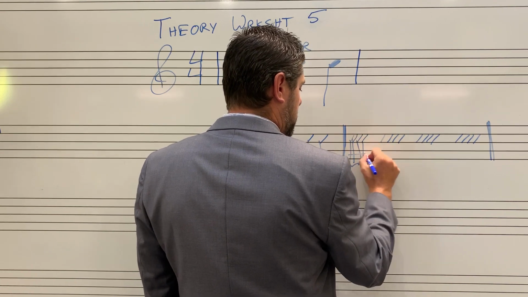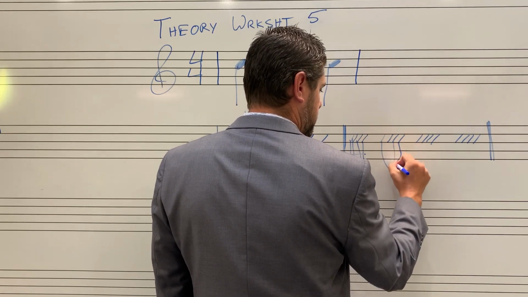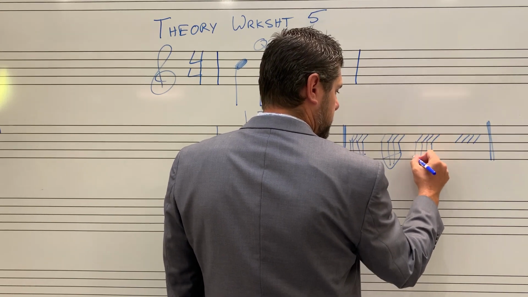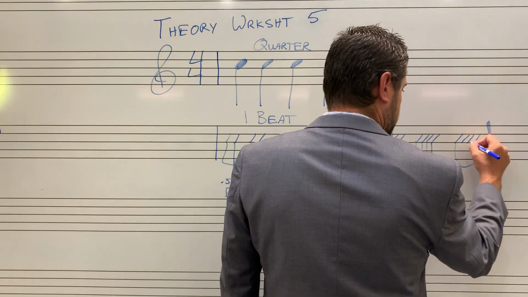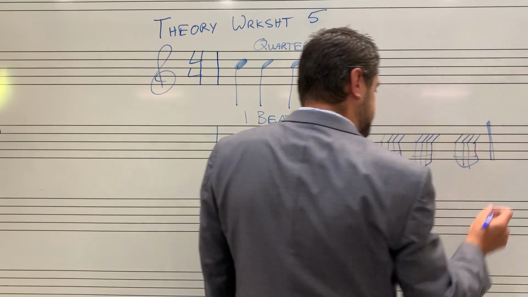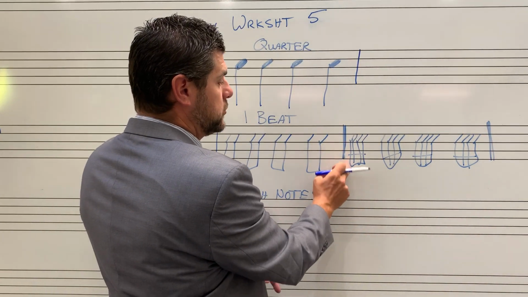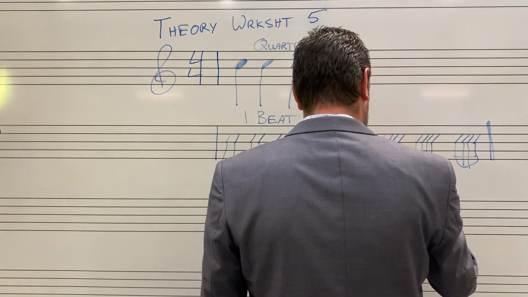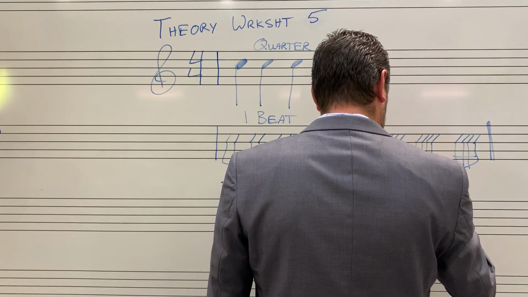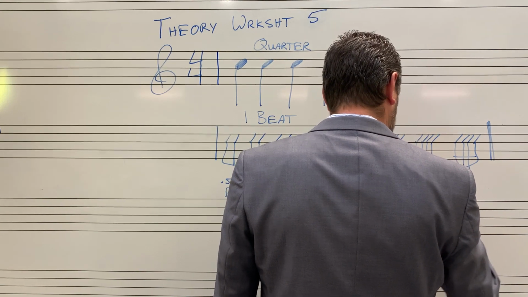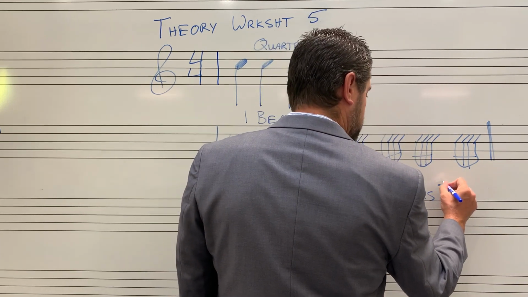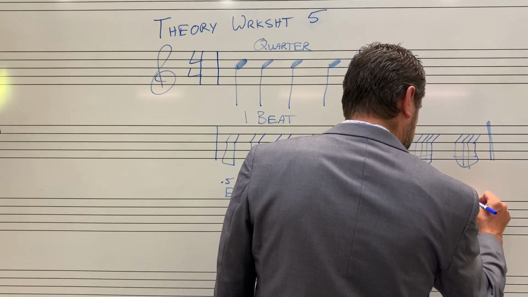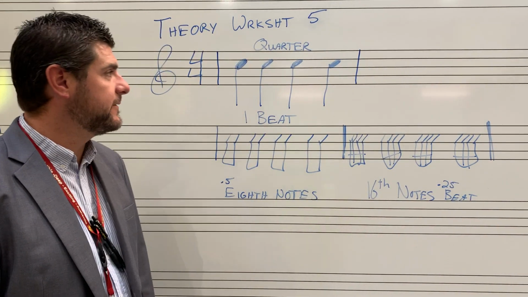Now, I'm hoping you're also noticing that these are grouped. You'll also notice that there are two stems, okay? And these are called 16th notes. And these get 0.25 of a beat. And I'll move so you can see that, 0.25 of a beat.